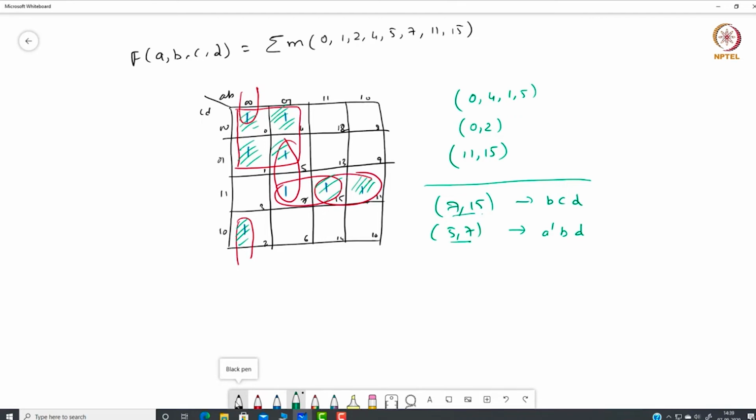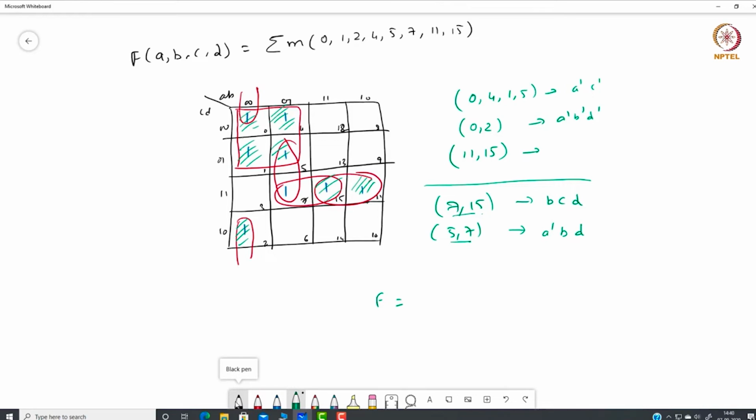So what would be our final or minimized expression? This f can be written as, let us see first of all what are the product terms corresponding to these essential prime implicants. For 0, 4, 1, 5 it's going to be A dash, C dash, and for 0 and 2 it is A dash, B dash and D dash.